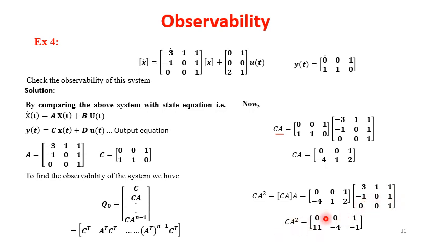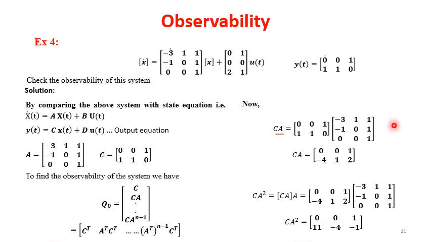When we multiply these two matrices, we get 0, 0, 1, 11, minus 4 and minus 1. After getting these, we have to put first C these values, then CA these values, then CA square these values in the QO matrix.